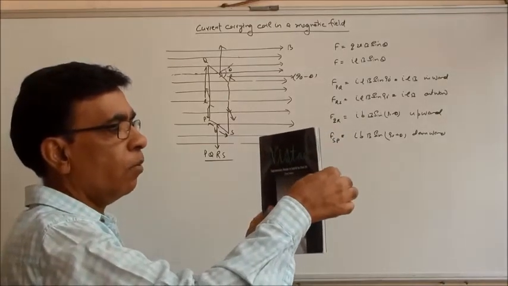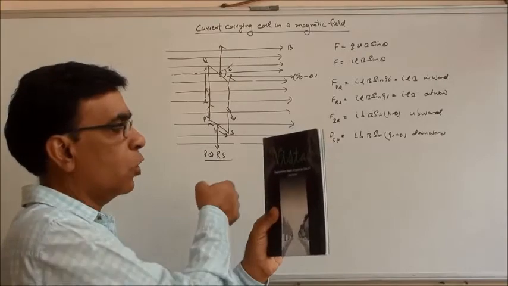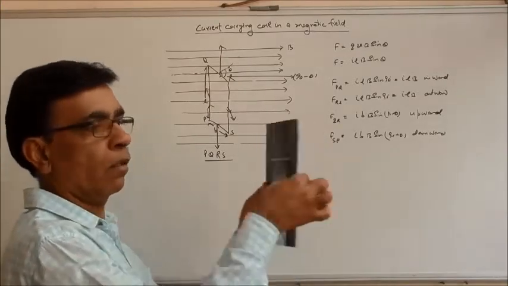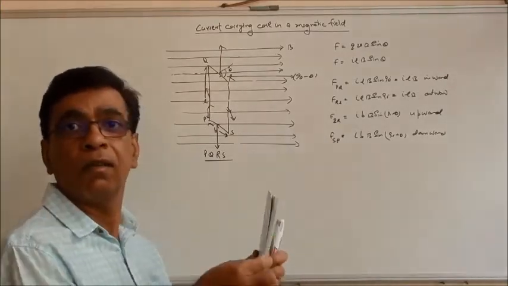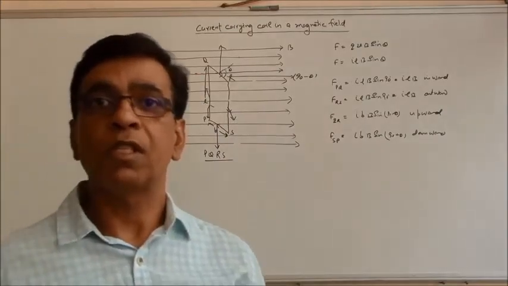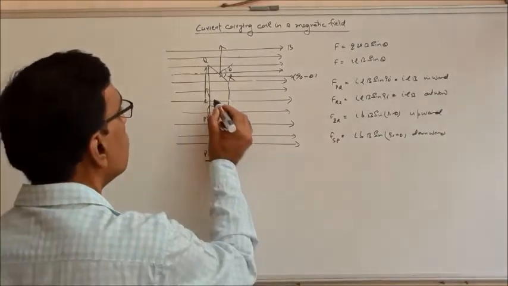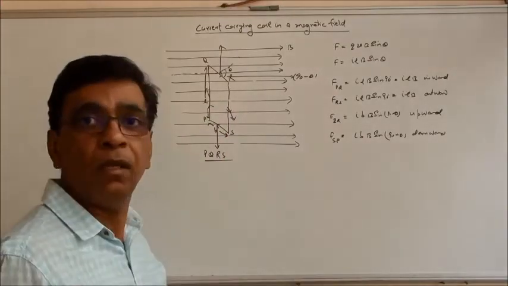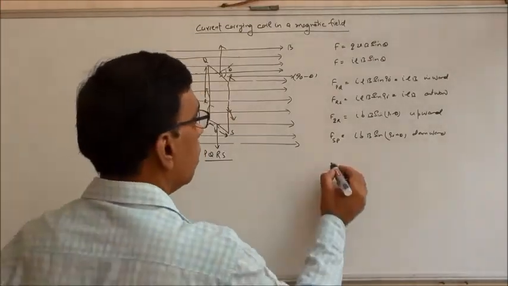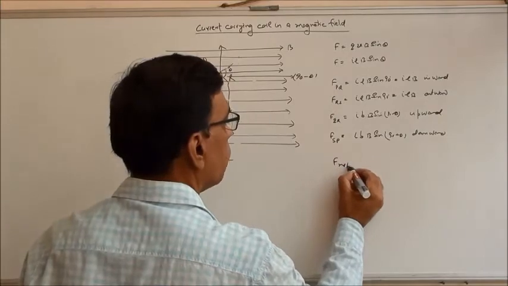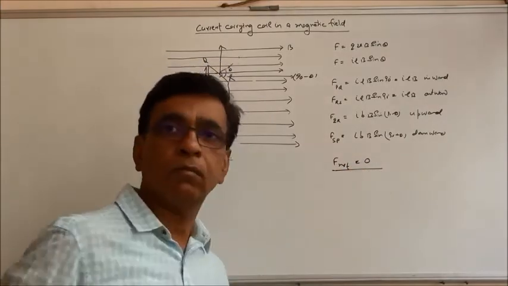Now if I pull this out and push this in, what will happen? This will rotate. So these two forces will constitute a torque. The reason being, if I ask what is the net force, it is 0.